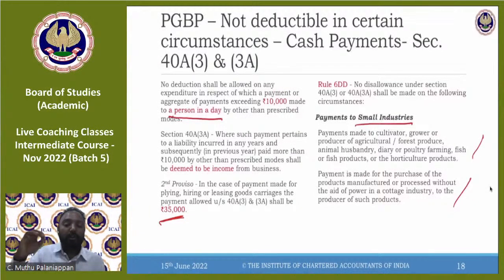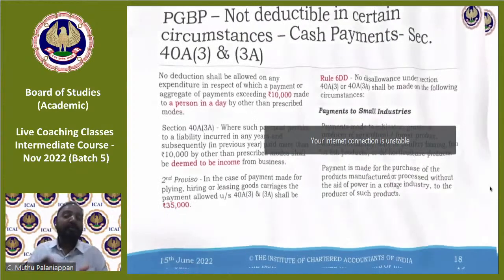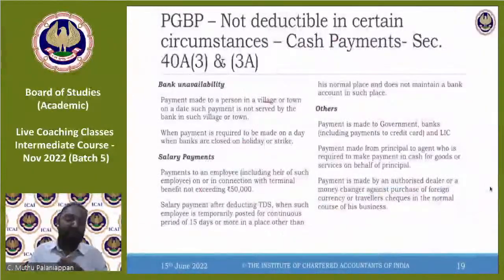If you are making any payment to this, then it is okay. So this is payment to small scale industries. Second is bank unavailability. Third is salary payment.